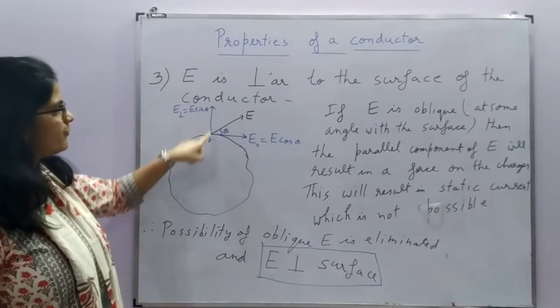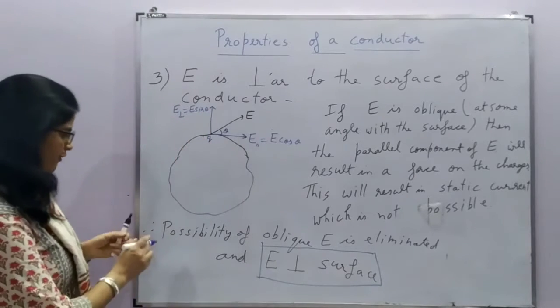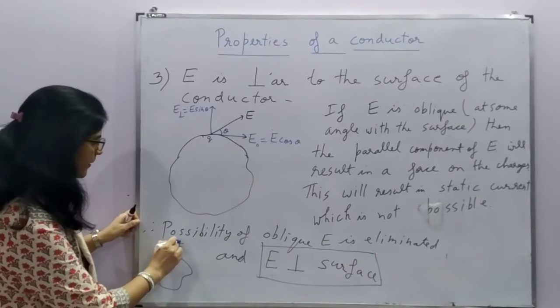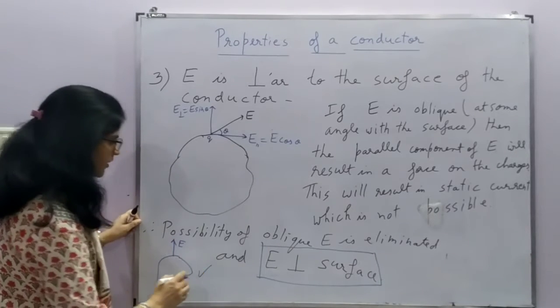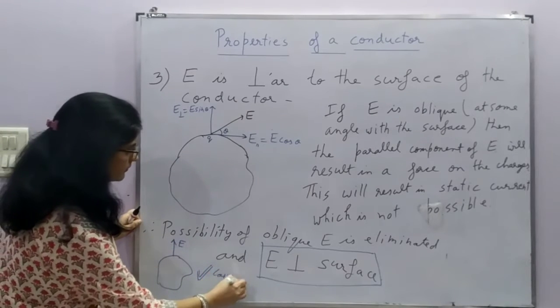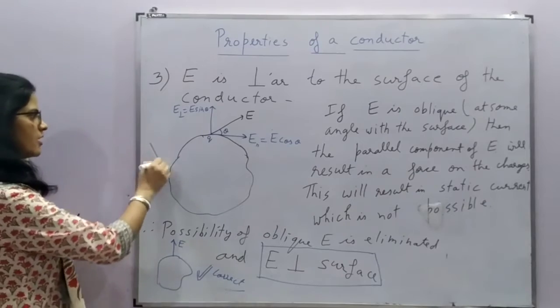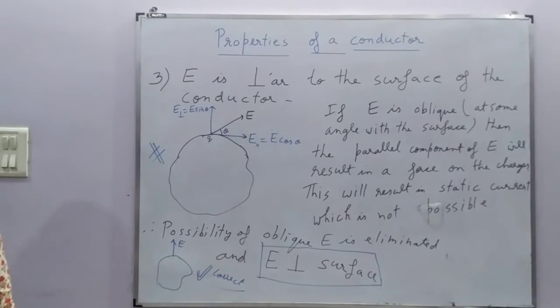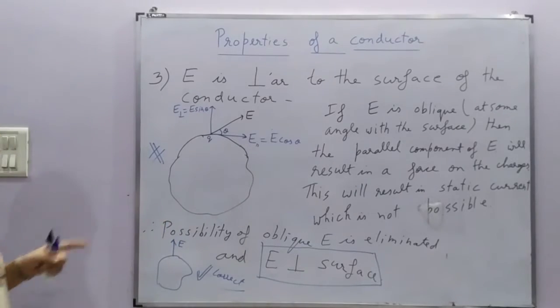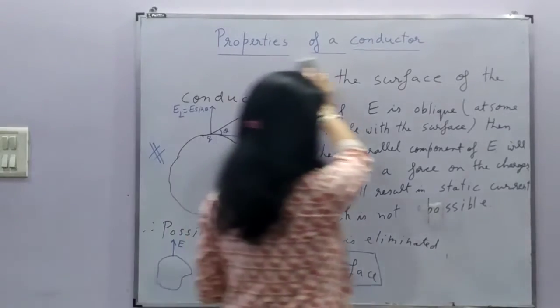That's why there is only one possibility: that we have an electric field which is always perpendicular to the surface of the conductor. So this is a wrong assumption which we had made, right? So let's take the fourth property of the conductor.